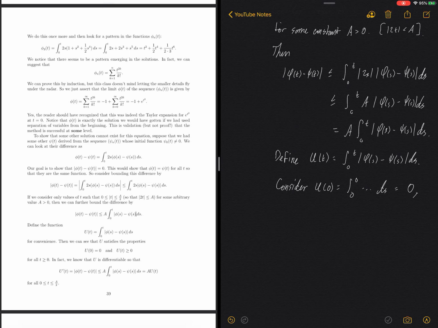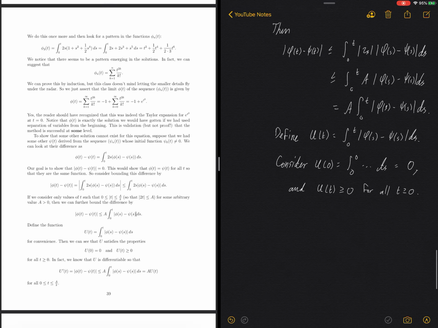Not the original one that we had, but a different, interesting differential equation. And we're going to show that u actually integrates up to 0. Specifically, have a look here. Not only is u of 0 equal to 0, but u of t is greater than or equal to 0 for all t greater than or equal to 0, right?